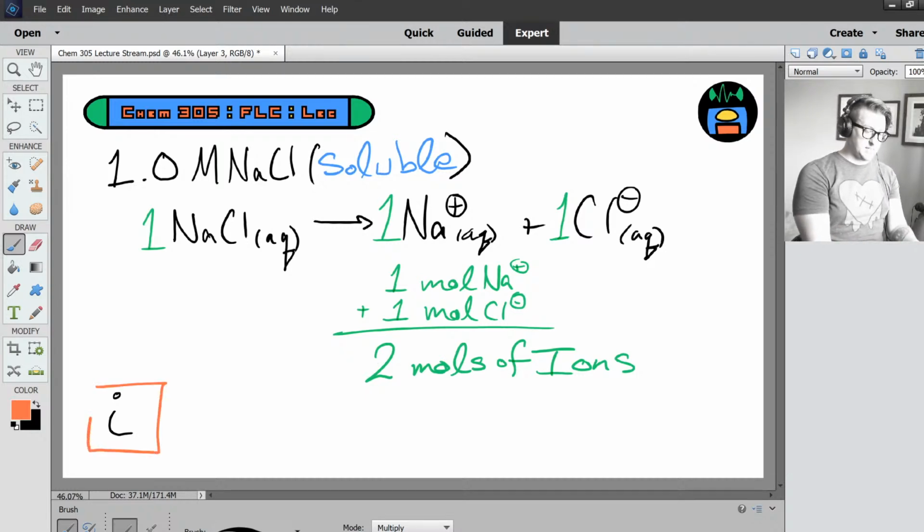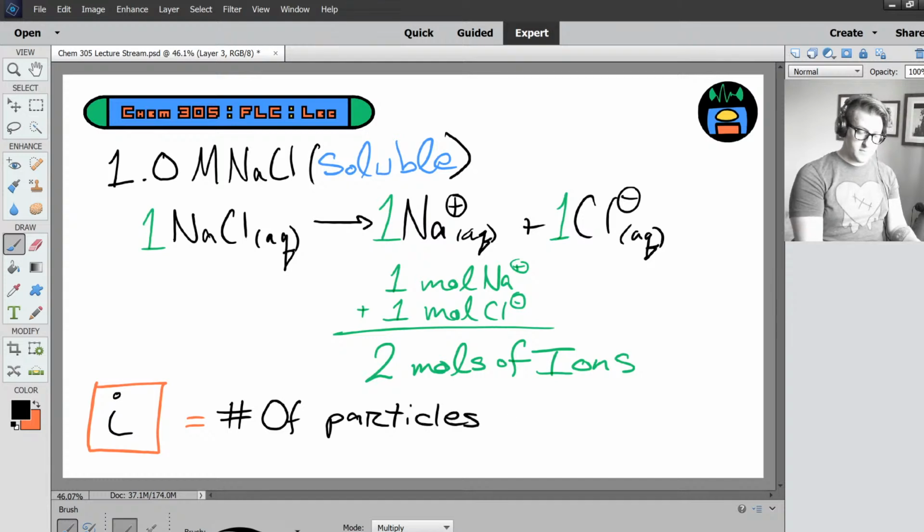It's a lowercase i, and it's equal to the number of particles a solute forms in solution.